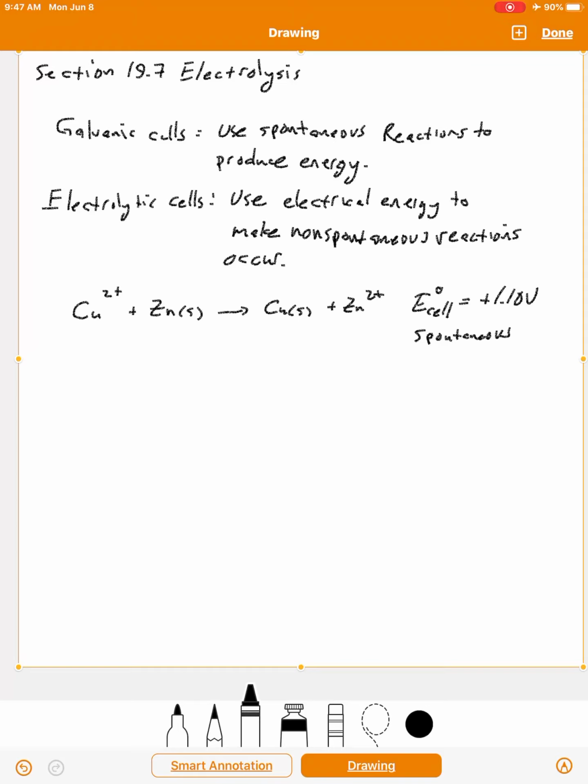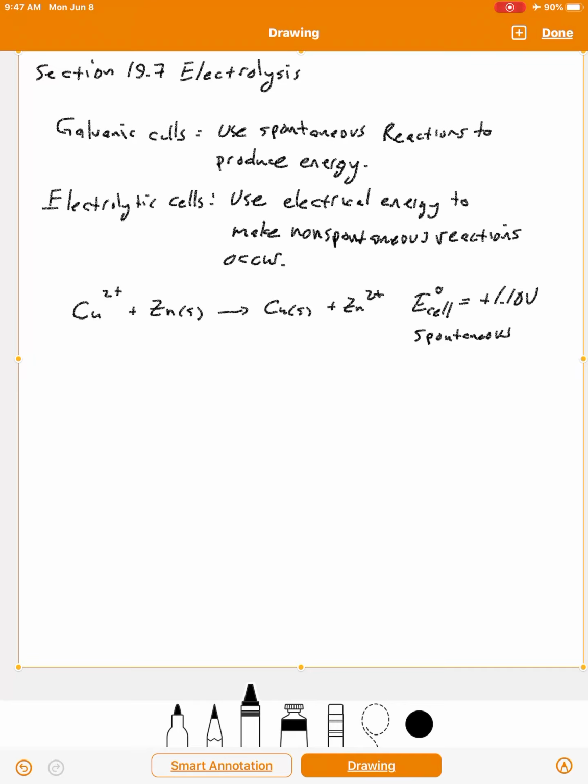The 1.10 volts comes from the standard reduction potentials for the reduction of copper 2 into copper and the reduction of zinc 2 into zinc. Take the cathode standard reduction potential and subtract the anode standard reduction potential, and you get 1.10 volts, and that's spontaneous. So we could use that spontaneity to run an electrical circuit. Okay, energy is released to the environment.